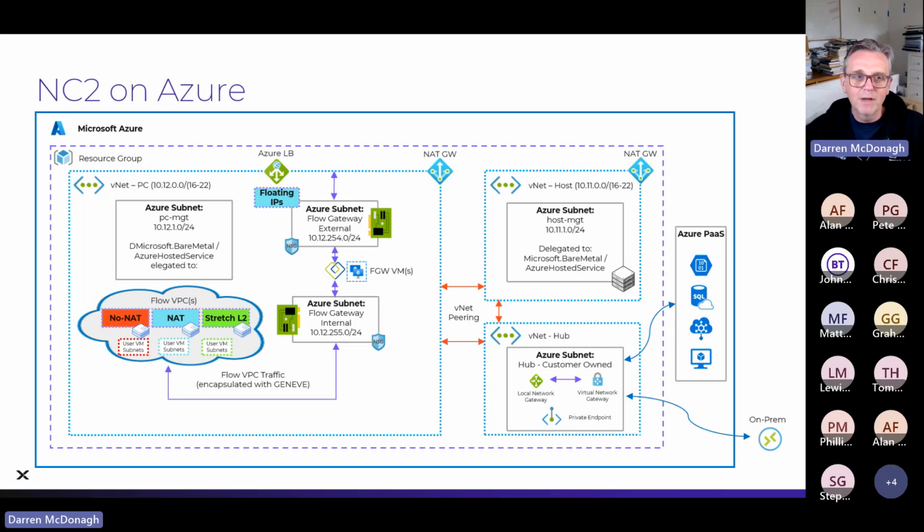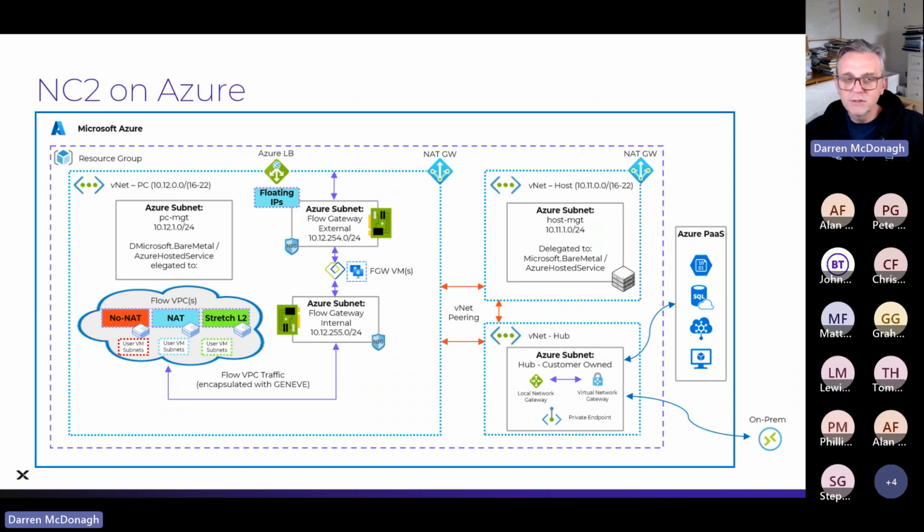Flow is our networking technology, and the Flow gateway is an availability set of virtual machines. BGP support is coming with that. It's an Azure native set of virtual machines that acts as the gateway onto the Azure VNet, the underlay for our network transport.